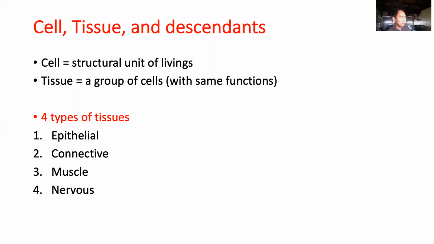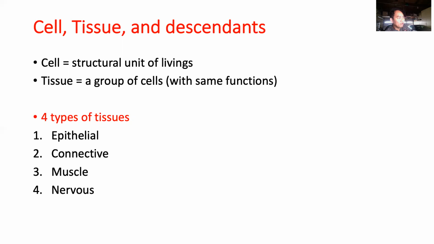Before I go further, I want to remind you of this slide, which we all saw in our previous lecture. A human being is made of many different types of cells. A cell is a structural unit of living things, and when cells with the same purpose group together in the same manner, they become tissue.